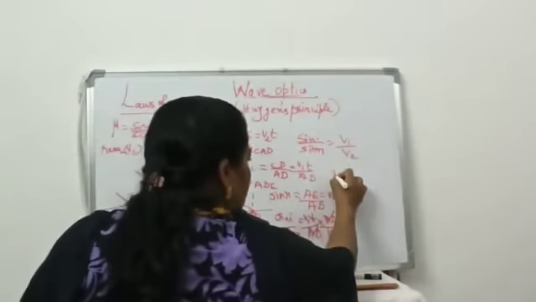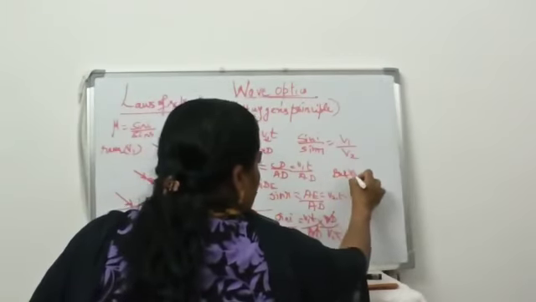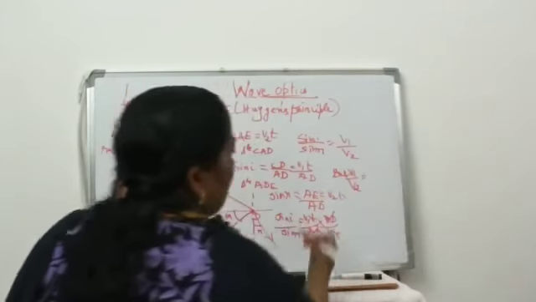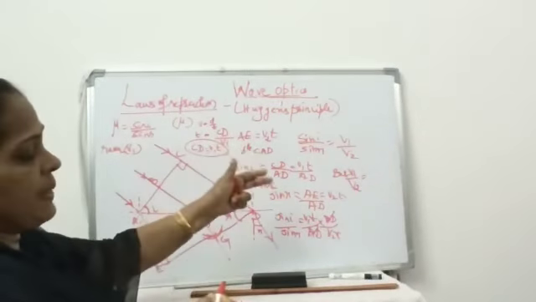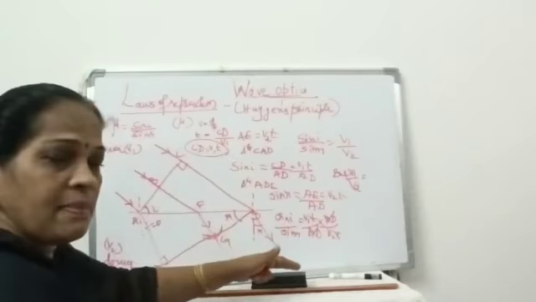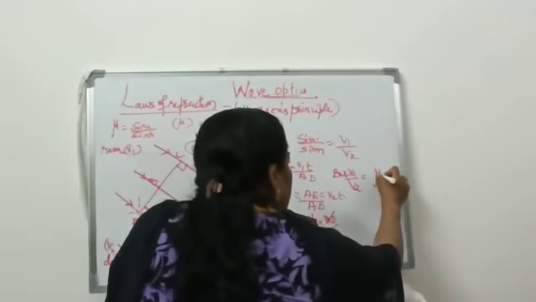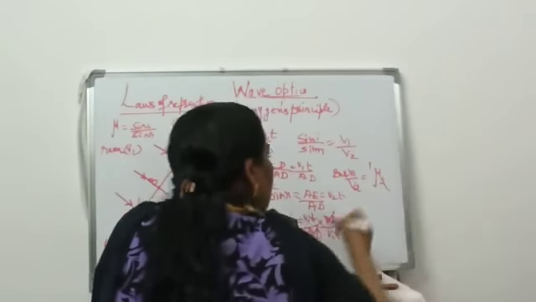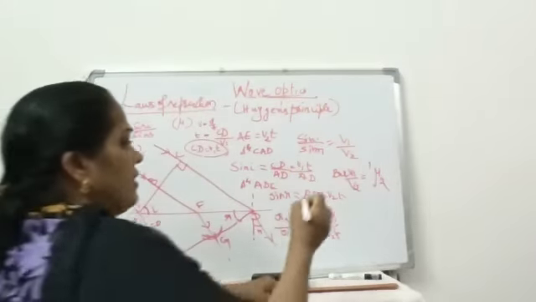But what is V1 by V2? The velocity of light in one medium with respect to the velocity of light in another medium is nothing but the refractive index of the second medium with respect to the first medium.